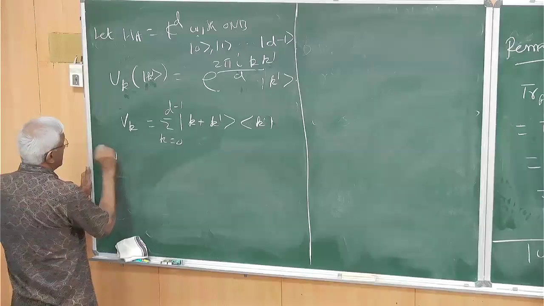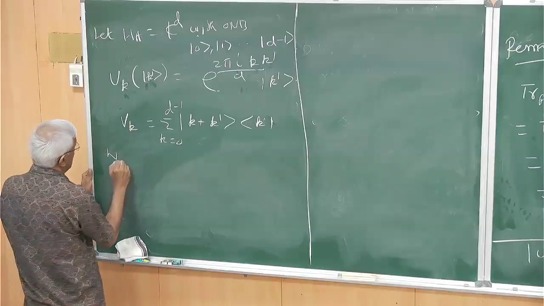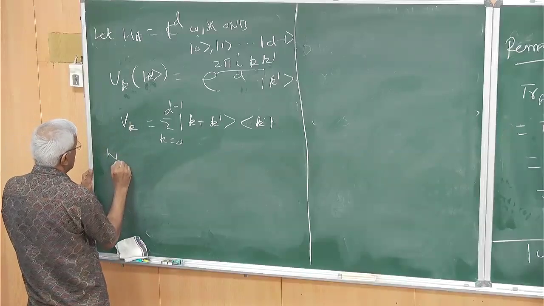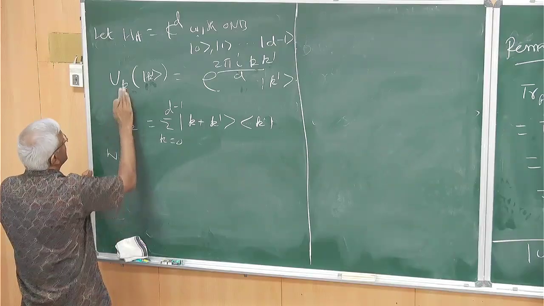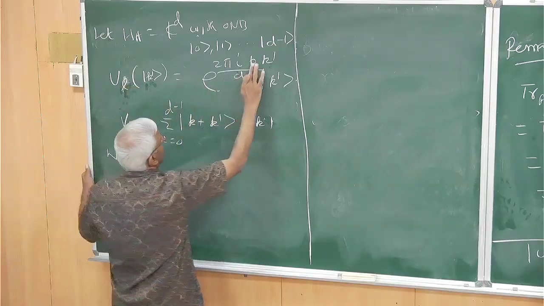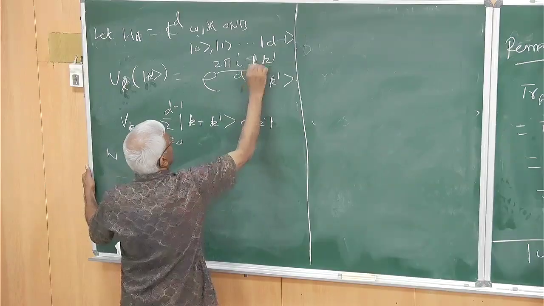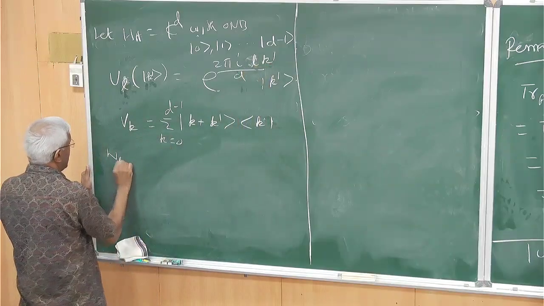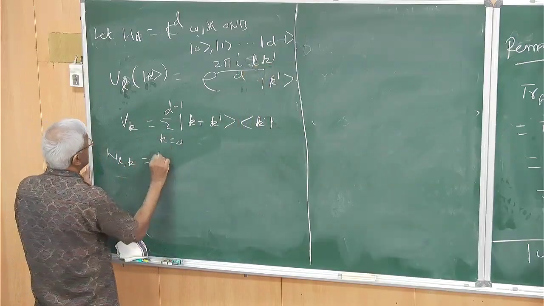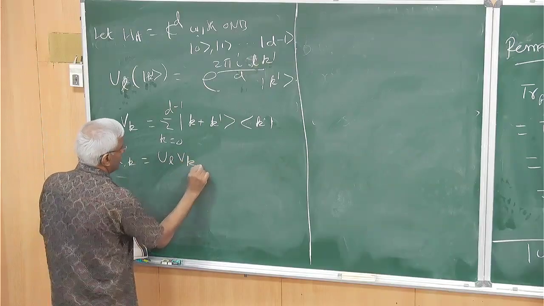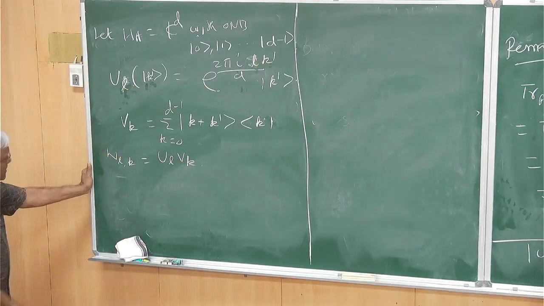Then you define W of any, maybe I call it l, W of l, k is just the multiplication U_l V_k.